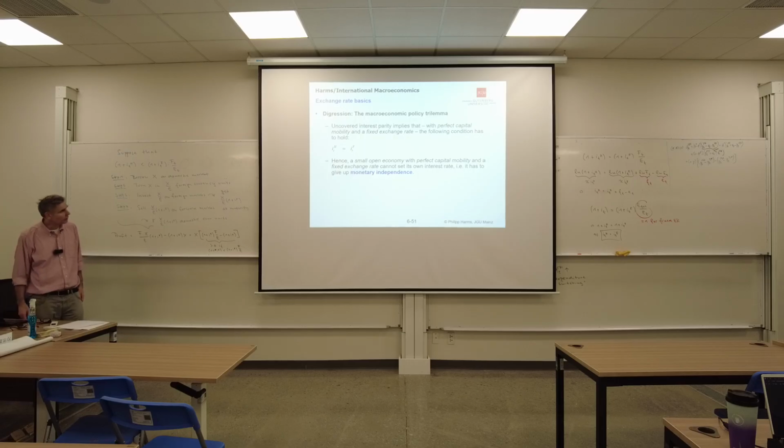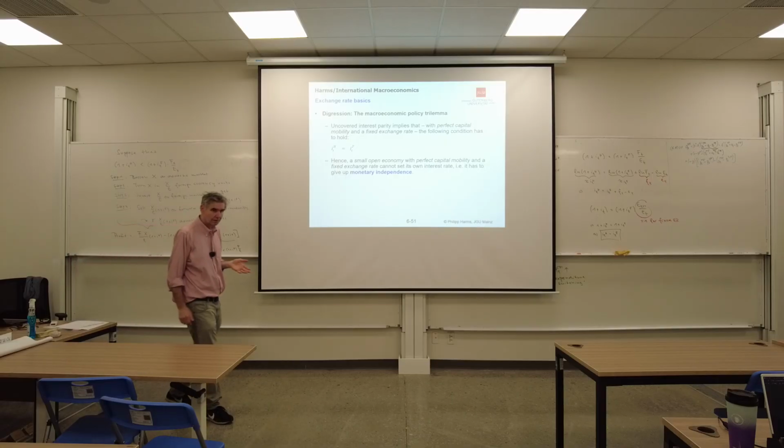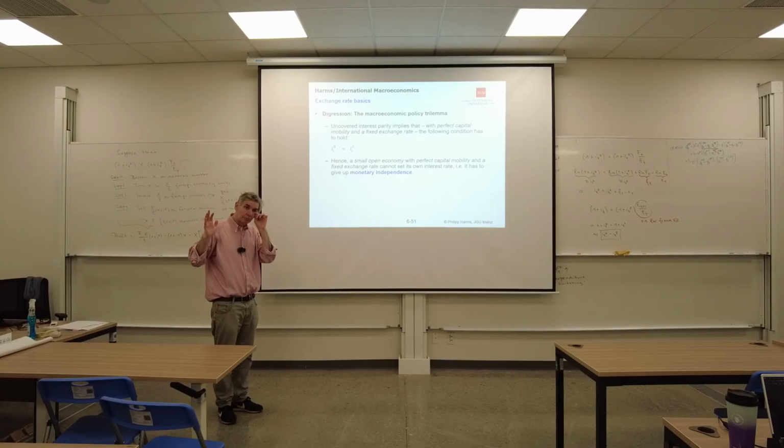So a small open economy with perfect capital mobility and a fixed exchange rate cannot set its own interest rate. That is, it has to give up monetary independence. Now, this may be exactly what you want. Bulgaria had a hyperinflation in the mid-90s, and the hyperinflation was driven by reckless monetary policy. Now, how did they tame that beast?